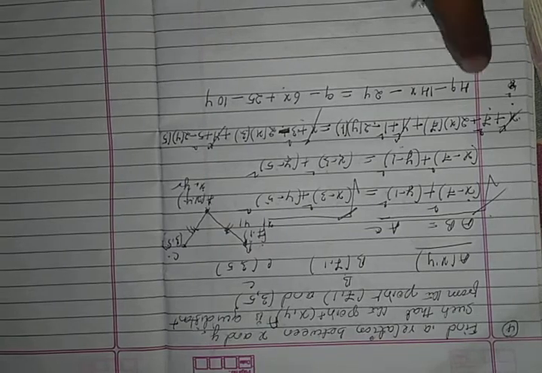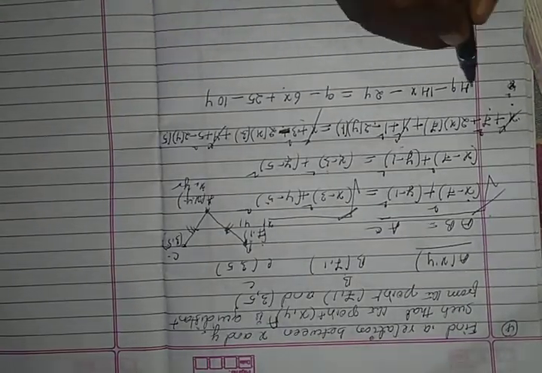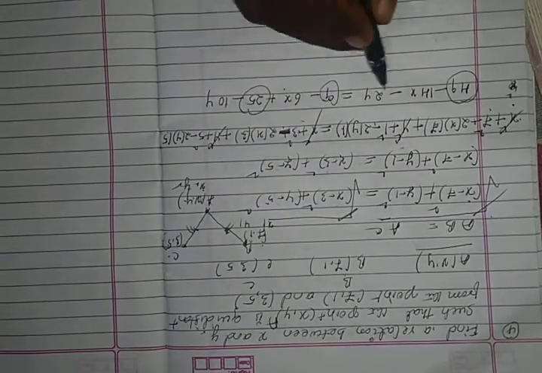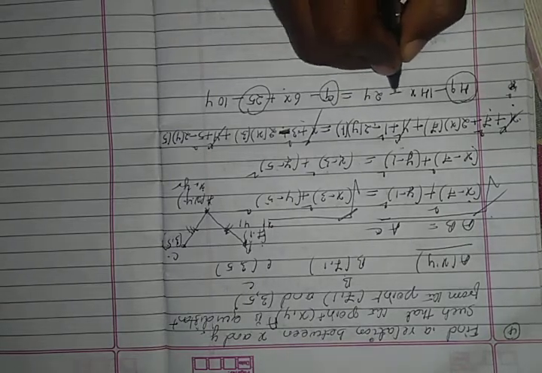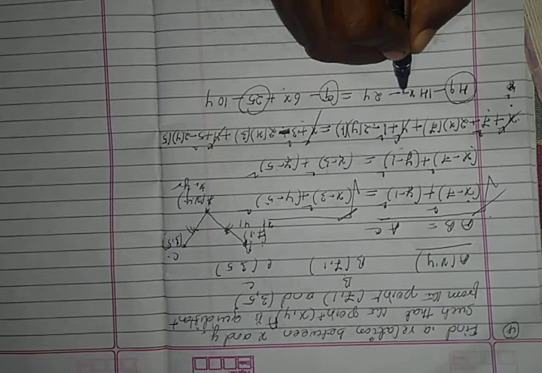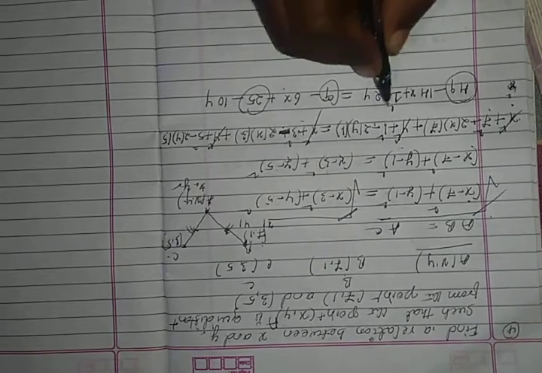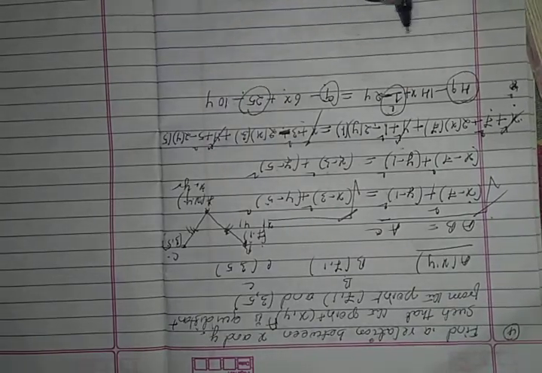Let us transpose the numbers to one side. The numbers are 49 and here 25, 9, and here plus 1 square, and then minus 2y. So there are two numbers, so we have to transpose the numbers.